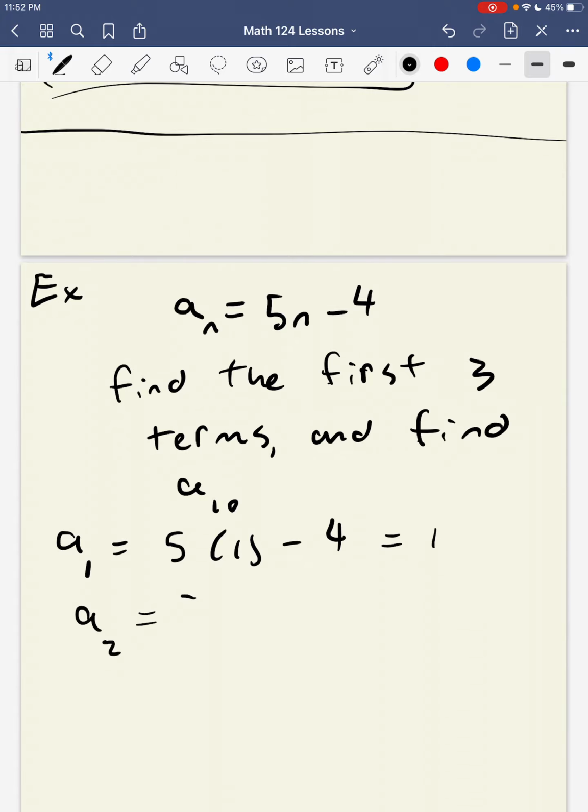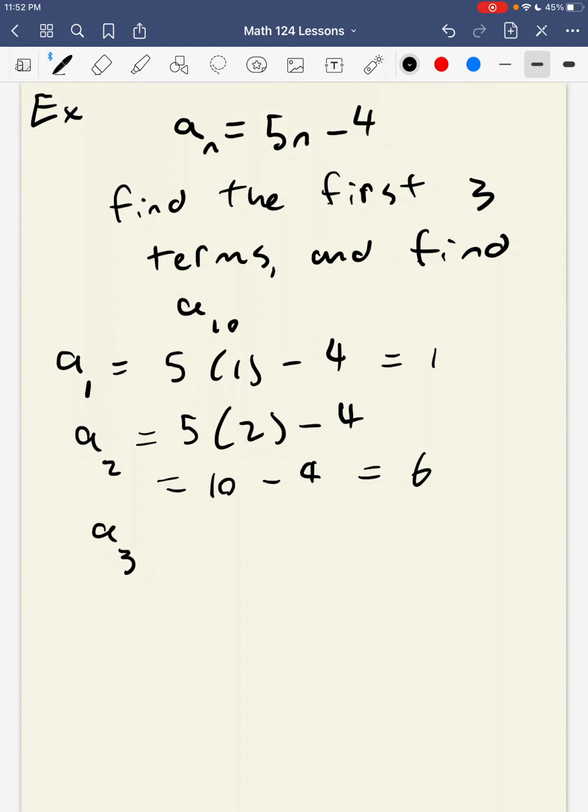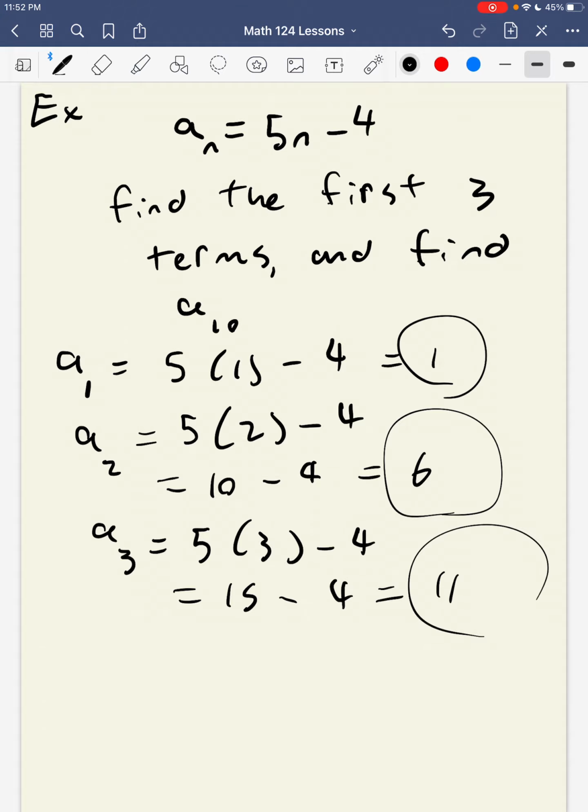For the second term we plug in a 2. 5 times 2 minus 4. 10 minus 4. Third term, plug in a 3. 5 times 3 minus 4. 15 minus 4. Okay, so the first 3 terms right there.